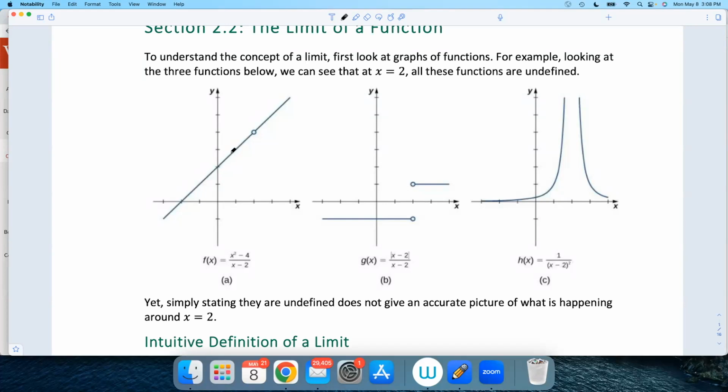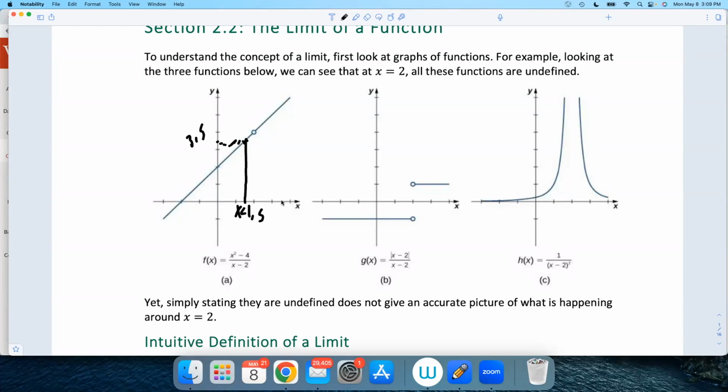I'm at x equals 0, x equals 1, x equals 1.5, and so forth. What are my y values doing? At x equals 1.5, that y value is 3.5-ish. What are they getting closer to? Looks like they're getting closer to 4.